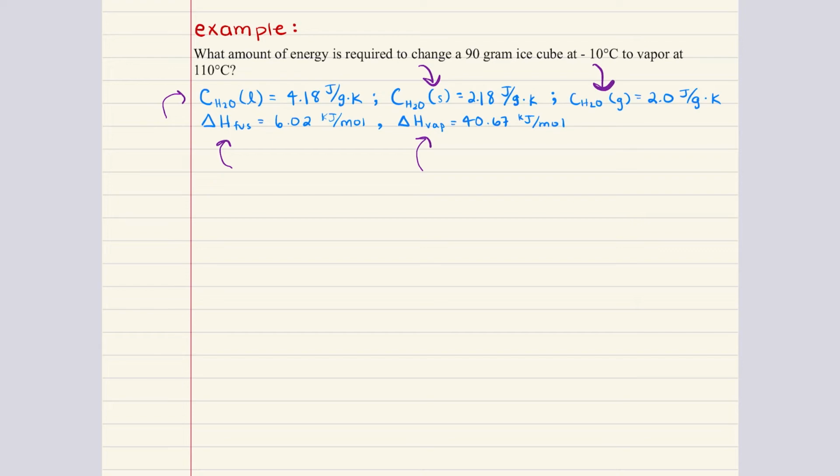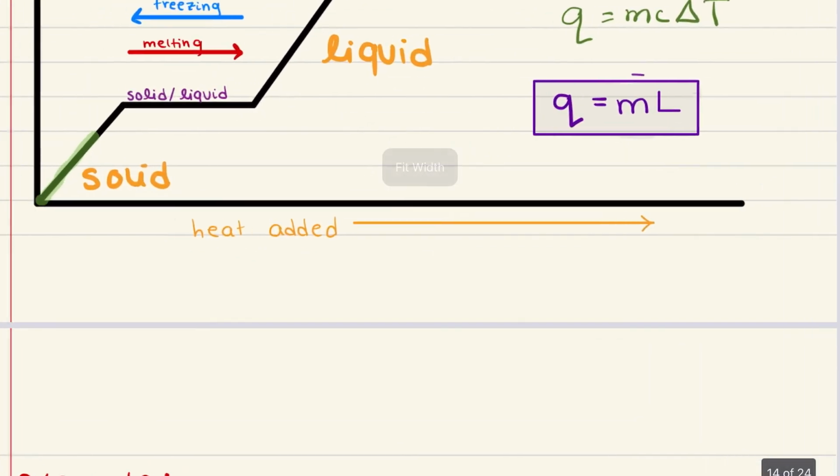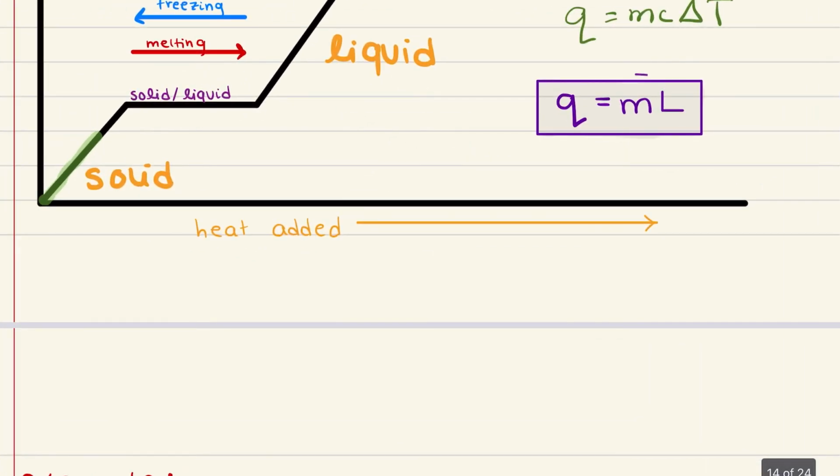Now, before we hop into this problem, I want to make one quick note about our new equation, Q equals mL. Now, this is the mass, so it's going to have units of grams, and latent heat has a unit of calorie per gram. So what you notice is that grams cancel out, and your final answer is going to have units of calorie.